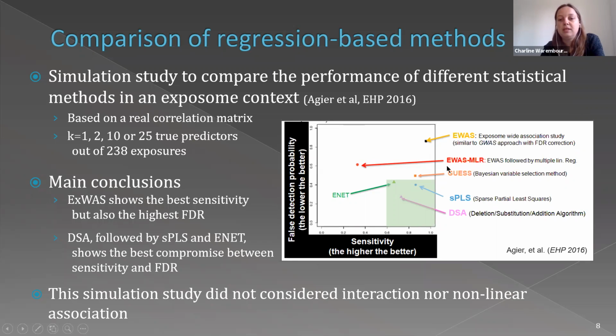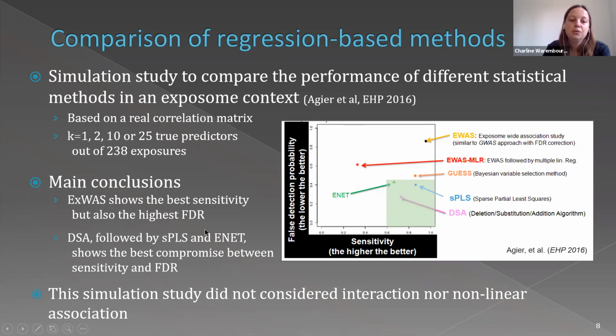And on the opposite, other selection techniques, such as the DSA, the SPLS, or the elastic net method, show a lower false discovery rate, but also a lower sensitivity, but still acceptable because above 0.6.